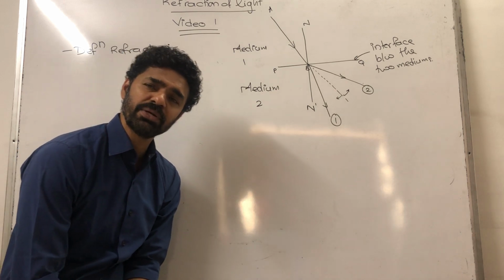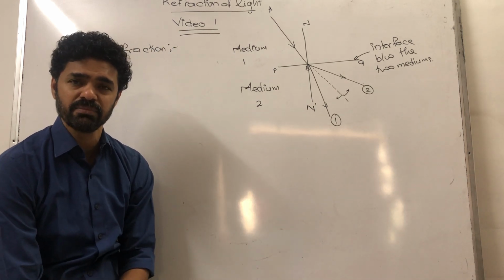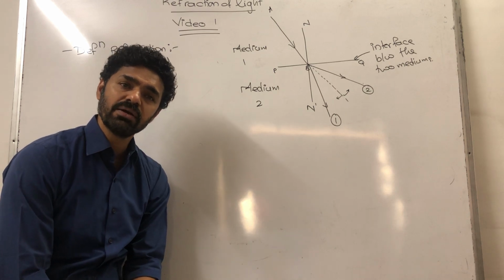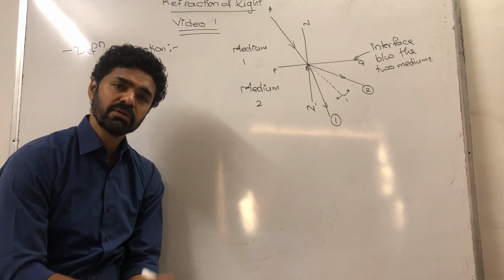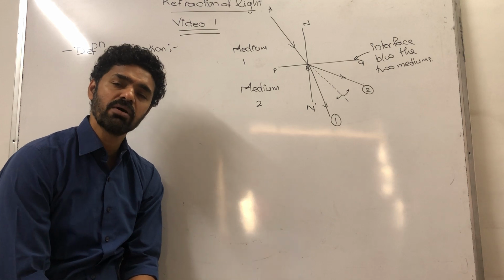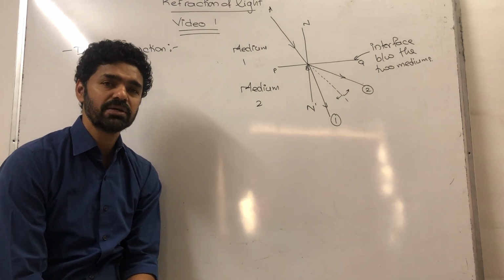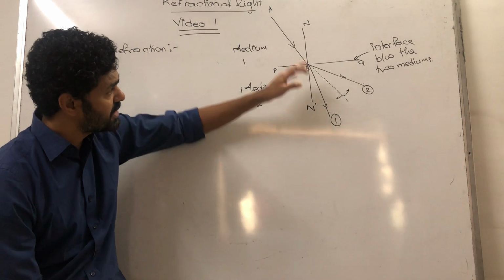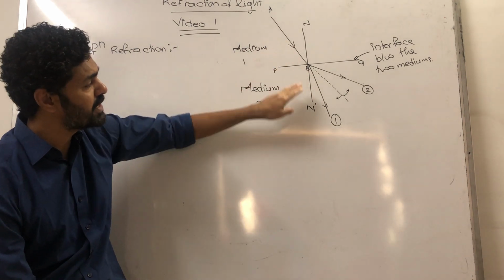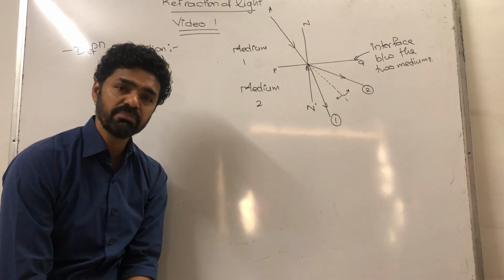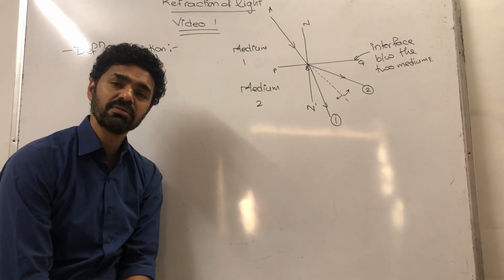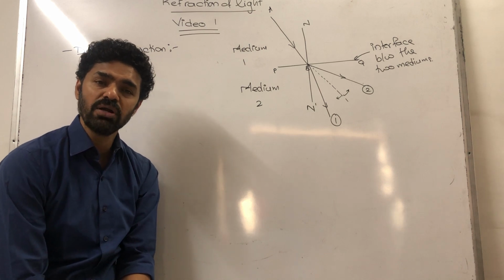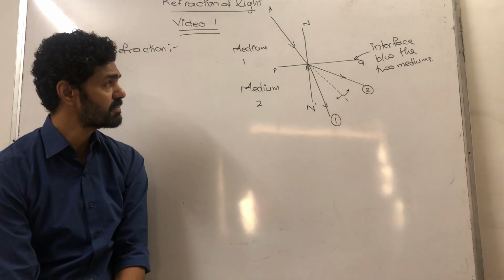But the most important thing to understand is that it will bend, either towards the normal or away from the normal. This very phenomenon of bending of light is called refraction. Whenever light travels from one medium to another medium, we observe that the light bends. This bending of light is called refraction.